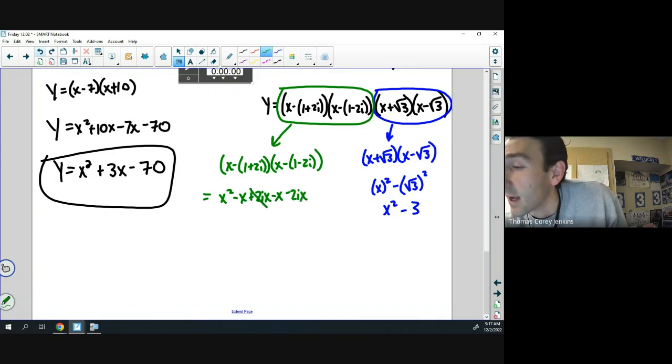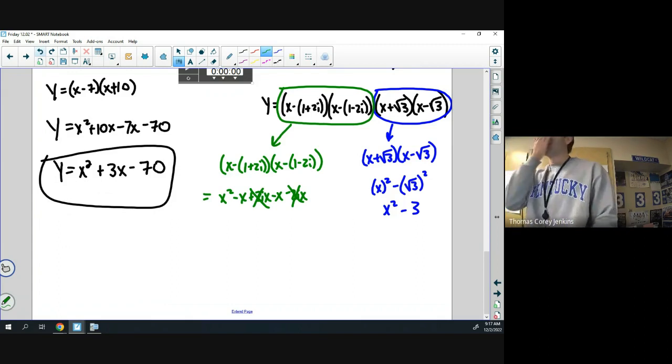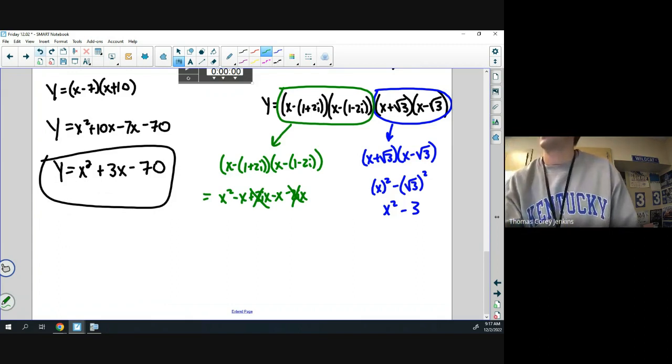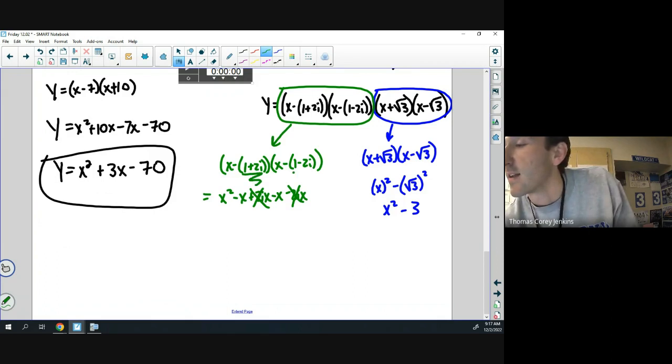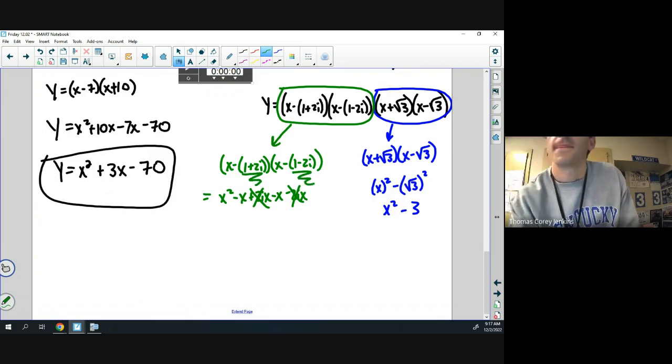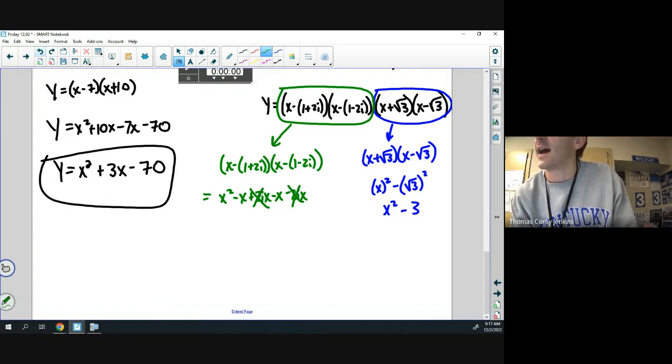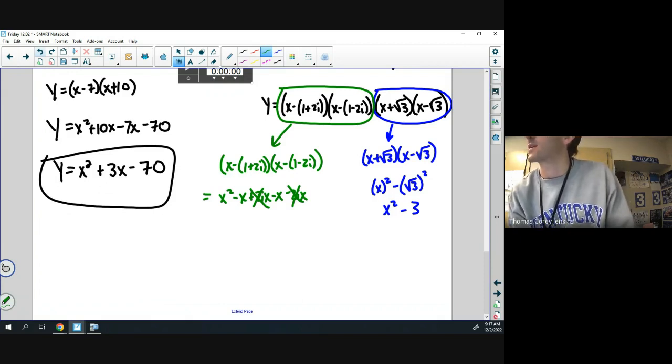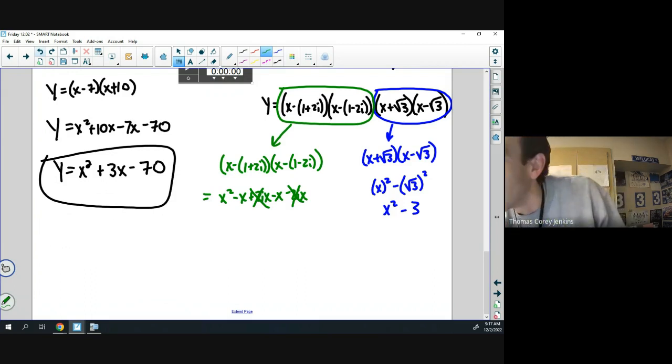Like I said, that's just going to cancel out with that, okay? So we can pretty much forget about that. And then the last thing we have to do is take this times this. And so how do we do that? That's where you want to use your a squared minus b squared. So this is real. It is not easy, but anyways, that would be plus 1 squared minus 2i squared.